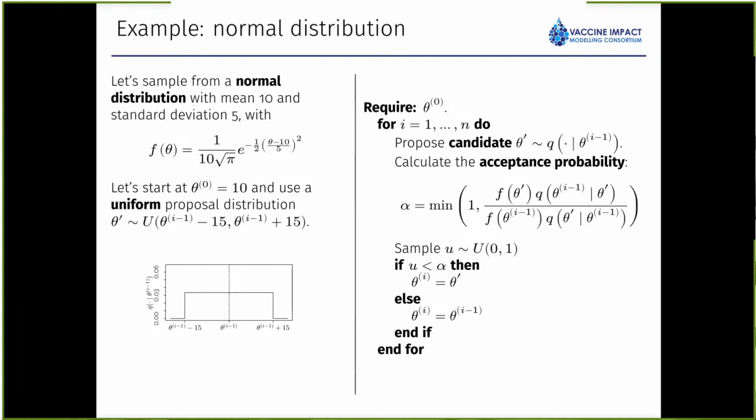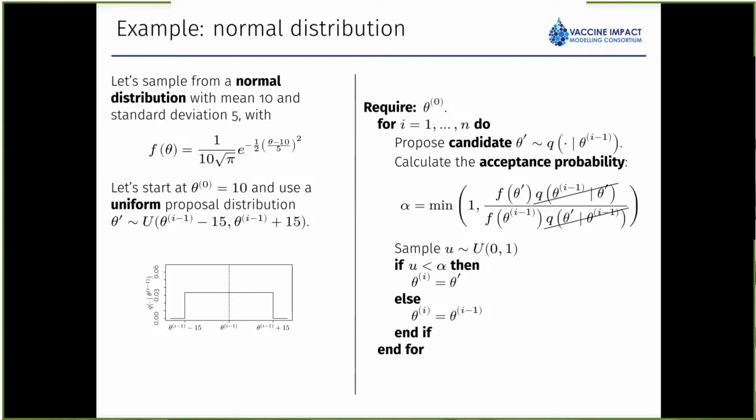Now, the first thing to notice is that in this circumstance, where I have a uniform proposal distribution, this is what we call a symmetric distribution, right? Because if I move from here to here, the density of moving from here to here is the same as moving from here to here, because it's uniform. That means this thing and this thing are the same, and they cancel out.